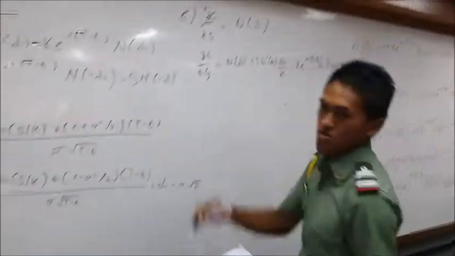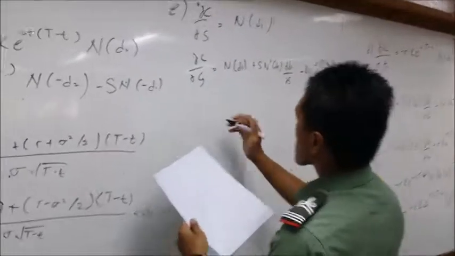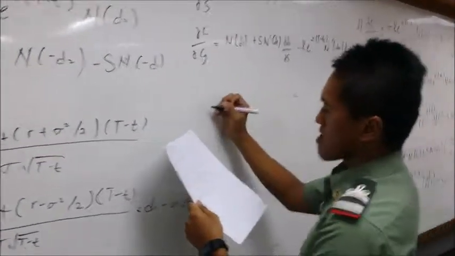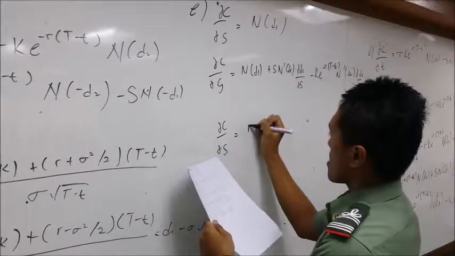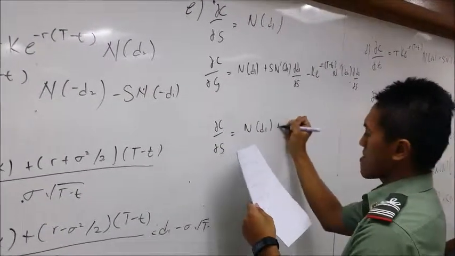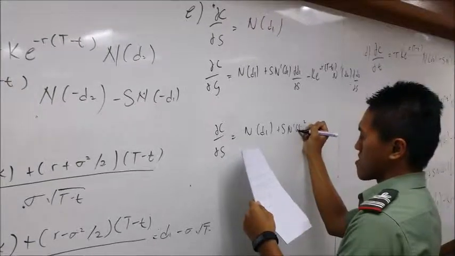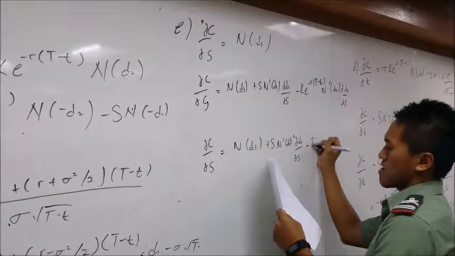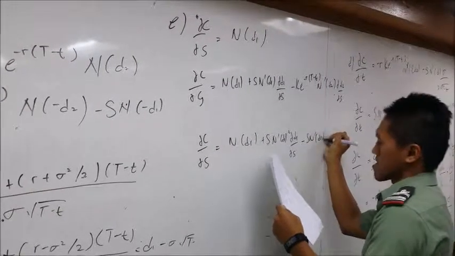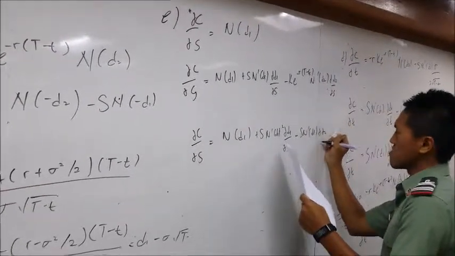Okay, from question B also we use the equation before this, the N′ one, and ∂C/∂S we can solve: N(d1) plus S N′(d1) ∂d1/∂S minus S N′(d1) ∂d2/∂S.